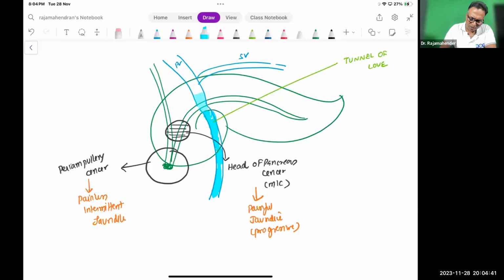Just remember, tunnel of love is at the level of neck of pancreas, where SMV joins with splenic vein. Superior mesenteric vein joins splenic vein and becomes portal vein. So cancer can infiltrate into this portal vein. And next, these are all posterior to the pancreas.